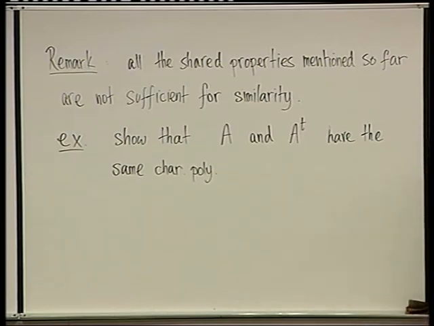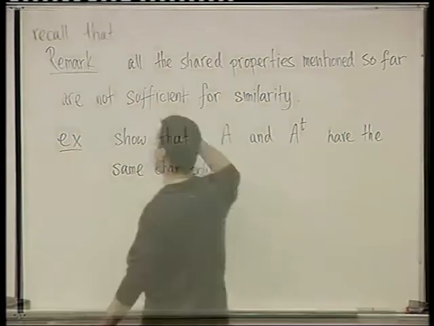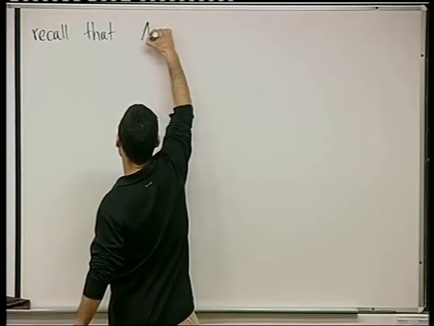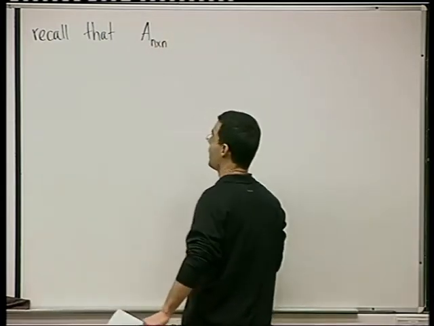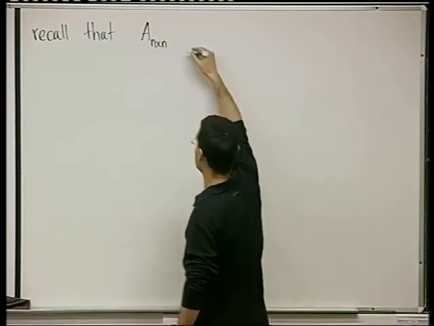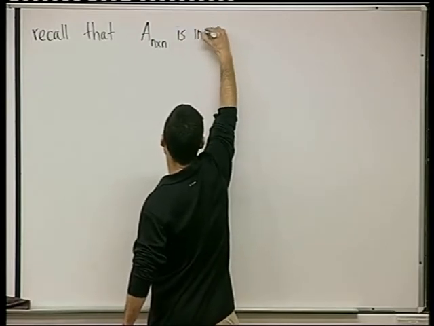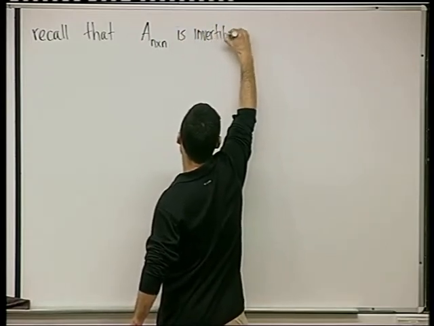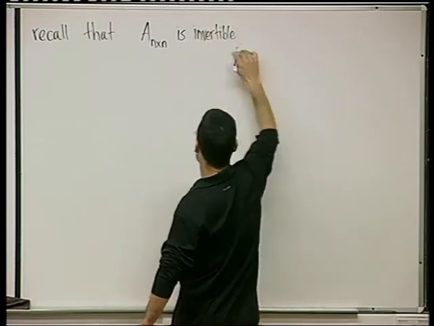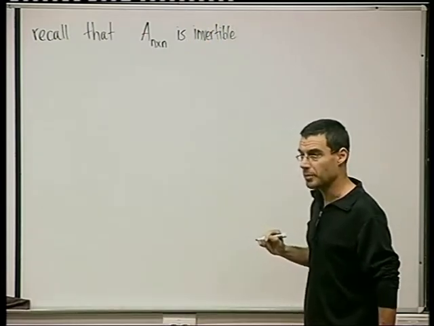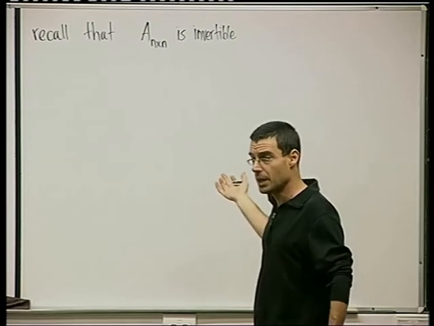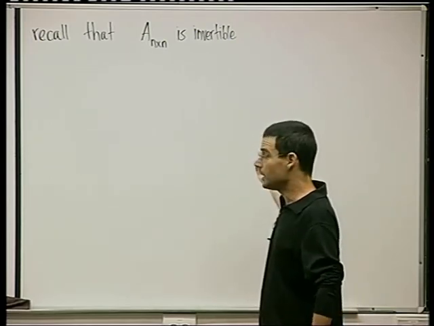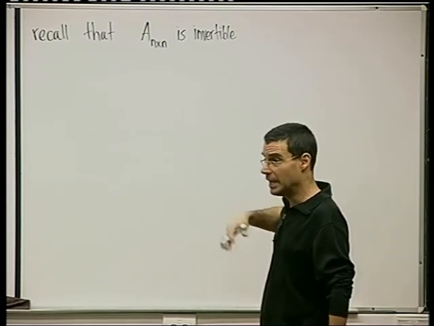So I'm going to start with a reminder. Recall that if we take a square matrix, let's emphasize that it's a square matrix, n by n, that is invertible, now I'm using the invertibility property of a matrix, which a priori has nothing to do with being similar or not.